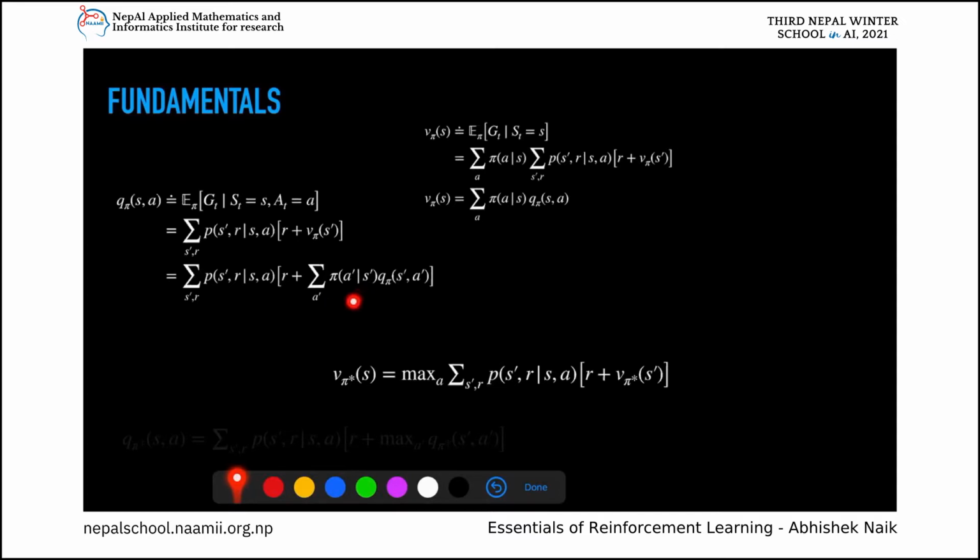That's a good observation. This is what the greedy policy would get. And so if we were to do the same thing for action values, you would get this, right? Again, just the pi is replaced by the max over the actions in the next state.